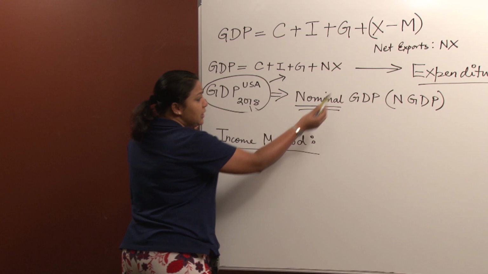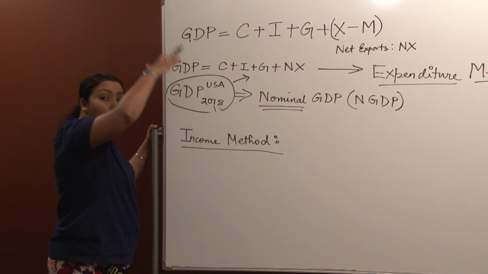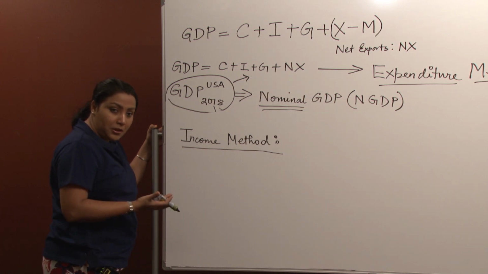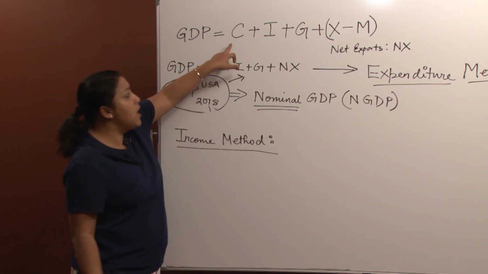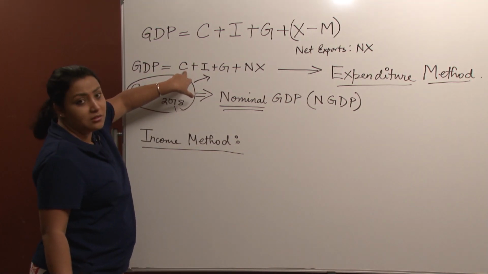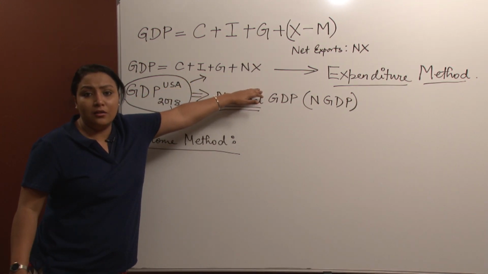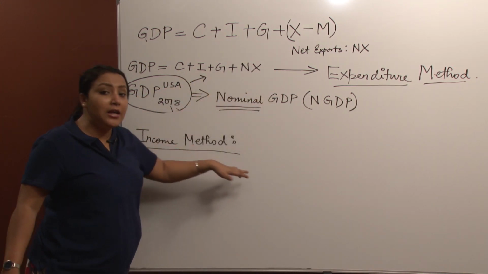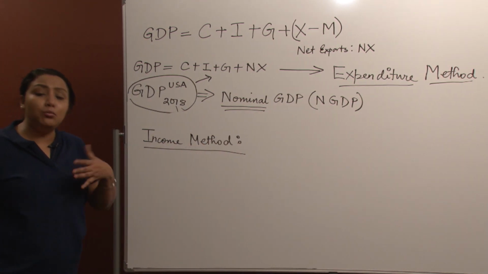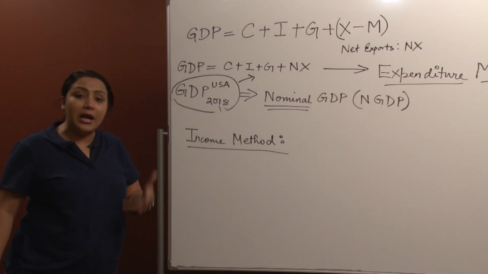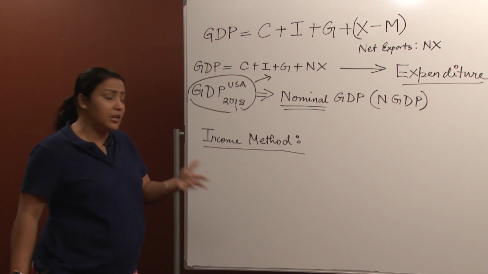So, if instead of looking at the spending or expenditure, we look at the income of all individuals in the economy, then we should be able to get to that same GDP number, because who are spending on the goods and services? The households, the firms, the government and the foreign sector. So, if we are able to aggregate the income of all people living in this economy, then we should be able roughly to get to a number that gives us the spending on goods and services in the economy.